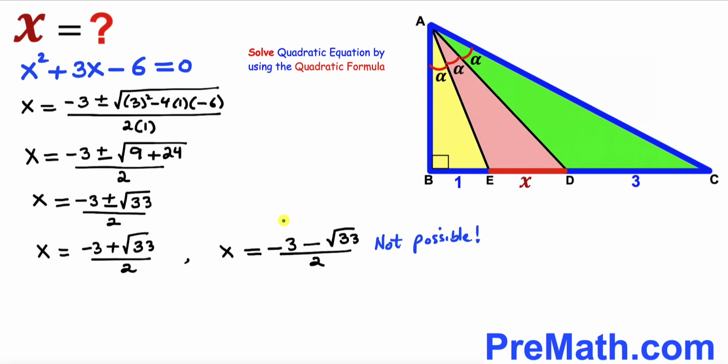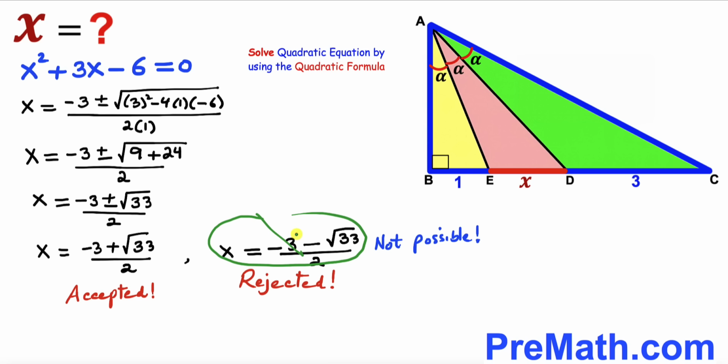And here we can see this x gives us a negative value, and we know this is not feasible since x is our length. So therefore we are going to reject this negative value of x, and we are going to accept this positive value of x, which is negative 3 plus square root of 33, divided by 2.